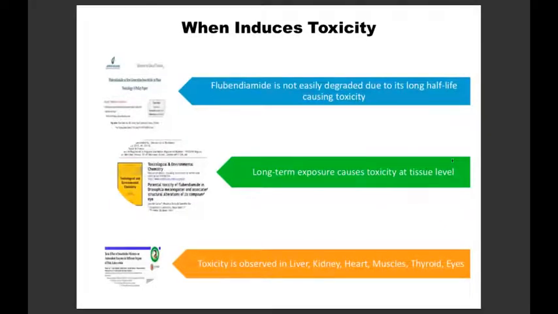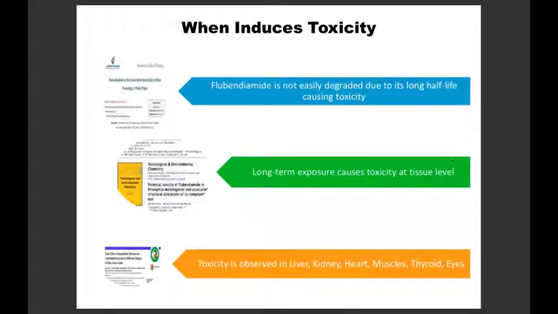When it induces toxicity, here are some references of papers I have put. Flubendiamide is not easily degraded, as I have just discussed, and due to the long half-life of its intermediate metabolites, it causes high toxicity in non-target organisms in the paddy cum fish ecosystem.